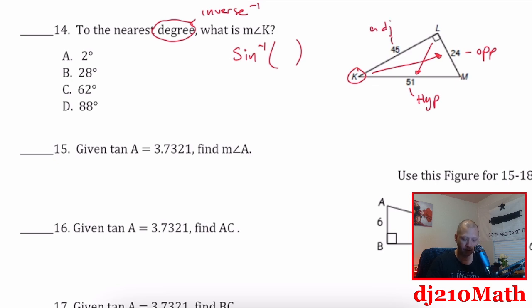No matter which trig function we use, we just got to make sure that we're using the correct numbers. Sine is opposite over hypotenuse. So 24 over 51. Inverse sine of 24 over 51 comes out to approximately 28 degrees.